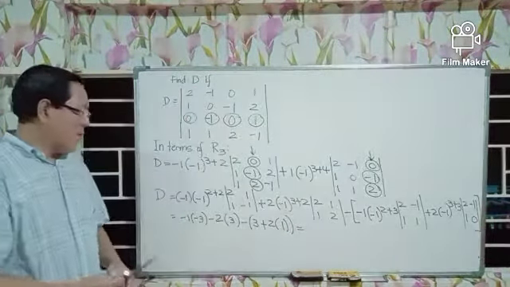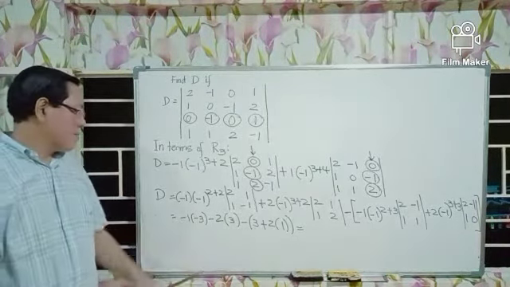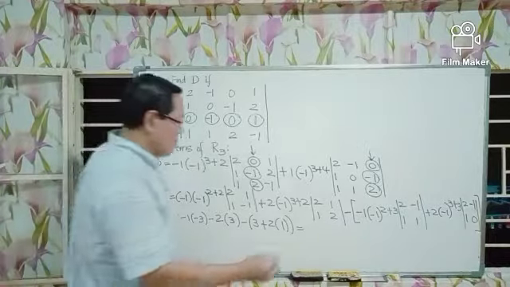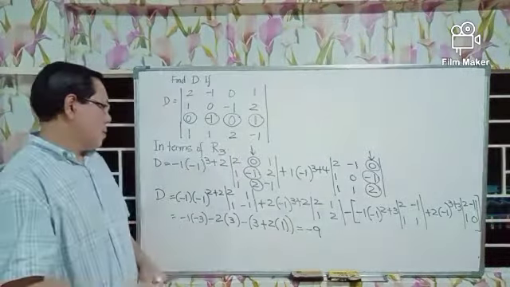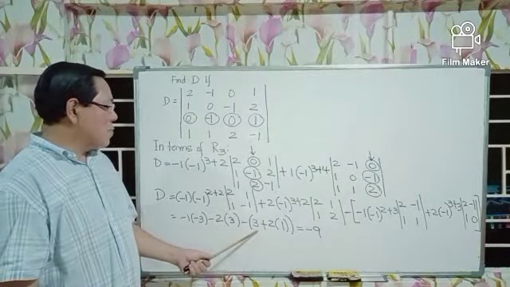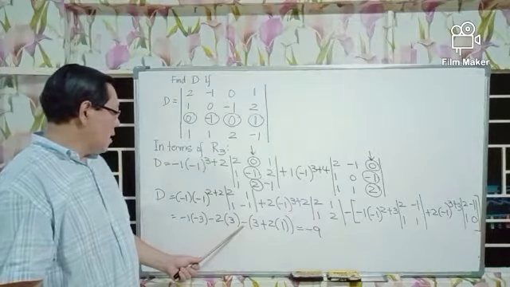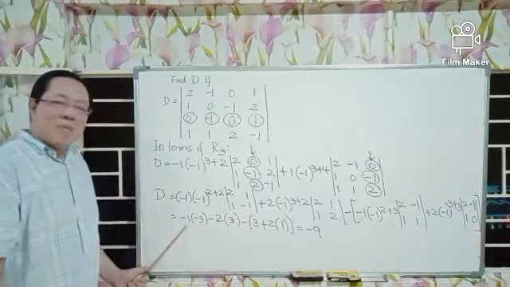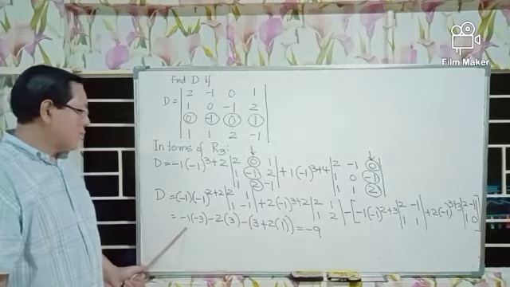And we simplify, we have negative 3 minus 6 is negative 9. And here we have 3 plus 2 is 5 multiplied by negative 1. Sorry, this is negative 3 multiplied by negative 1 is positive 3.